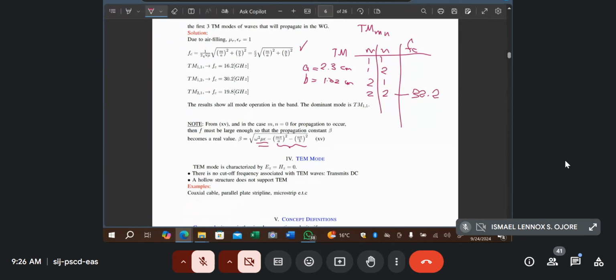Okay. Because these are now 2 conductors which are not hollow in structure. You are not confining the wave to move in the Z only. So it means the wave is actually conducting based on the 2 conductors.